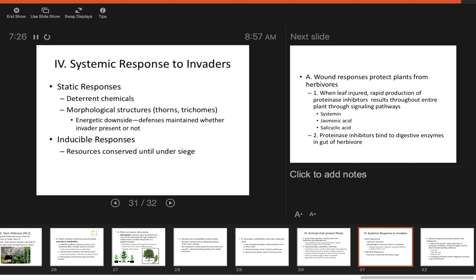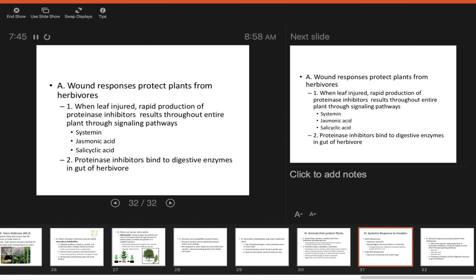So it's kind of like the general response. You got to maintain it 24 hours a day, 7 days a week. The other type of response is called the inducible response, which means you don't have defenses right away, but if someone keeps trying to eat you, okay, now I'm going to utilize those resources to get rid of the predator. So it might be too late, though.